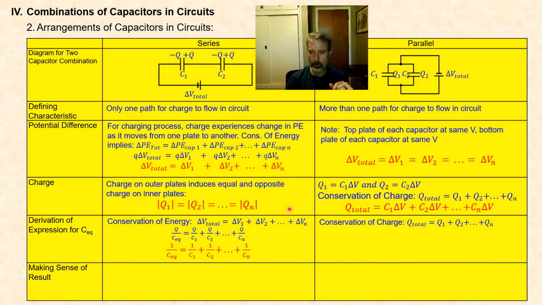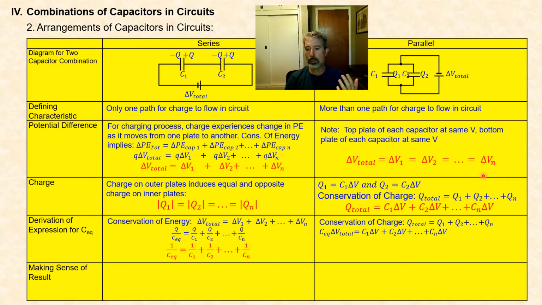Moving to the parallel arrangement, here we're going to incorporate the law of conservation of charge. Start there. The total charge on that single capacitor that could replace the combination, which is the same as the total charge that would leave your source of voltage to go onto all of the plates, would be equal to the sum of the charges of each of the capacitors.